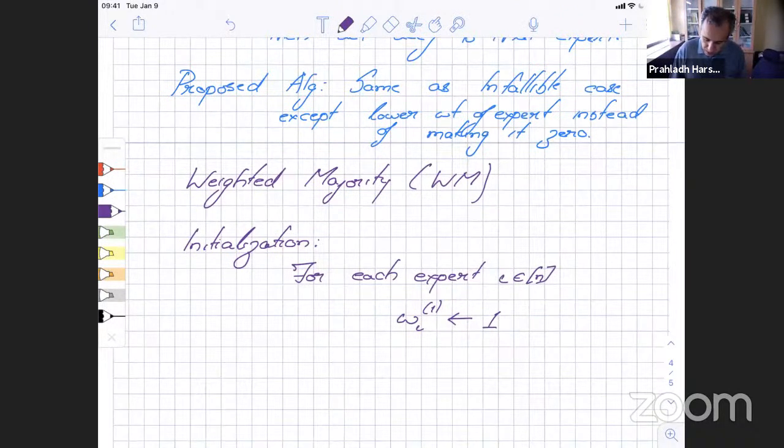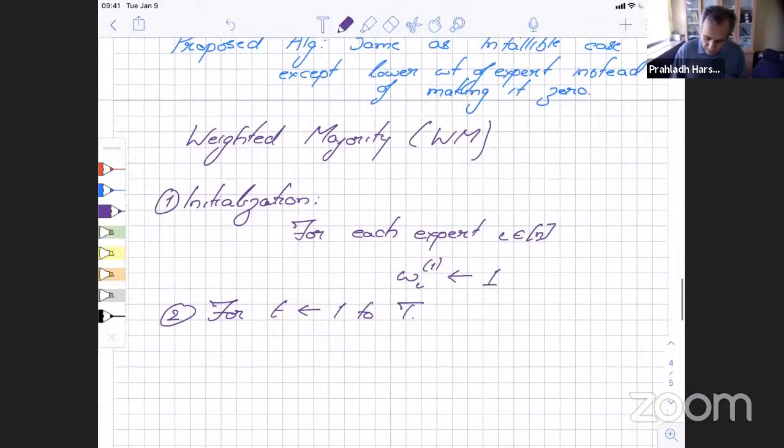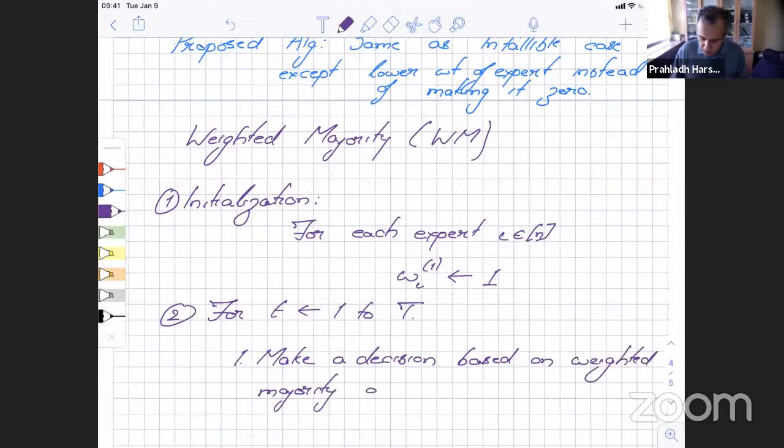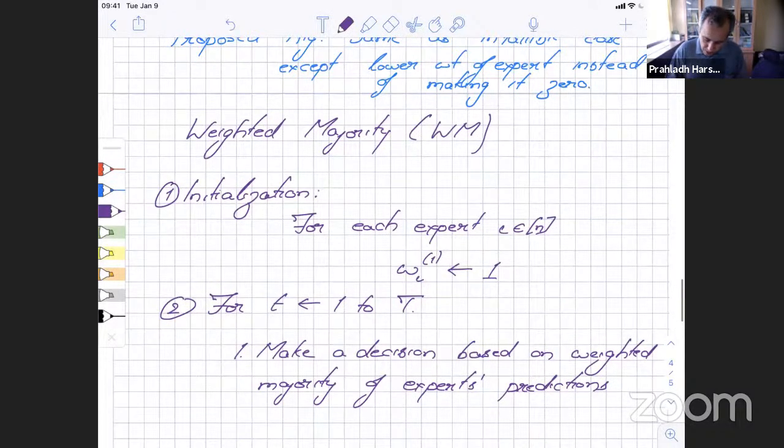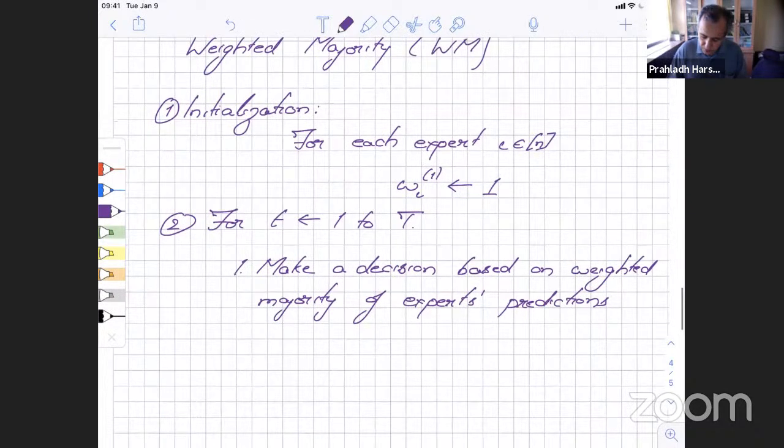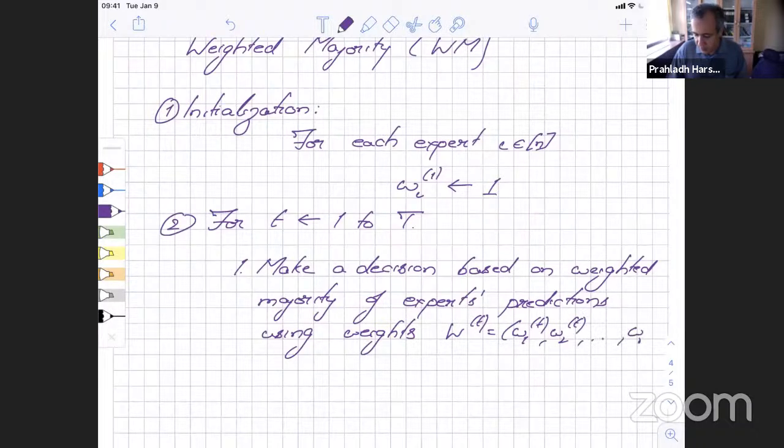Then, as time progresses for time steps 1 to T, make a decision based on the weighted majority of experts' predictions, using the weight vector W^t, which is w_1^t, w_2^t, up to w_n^t.